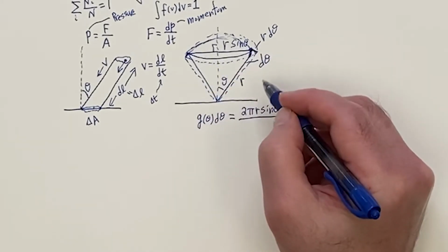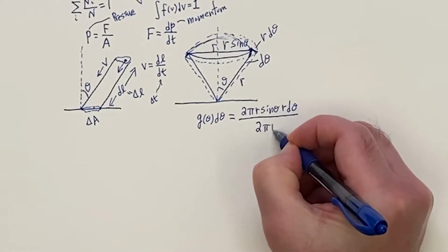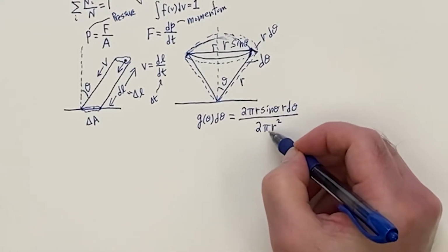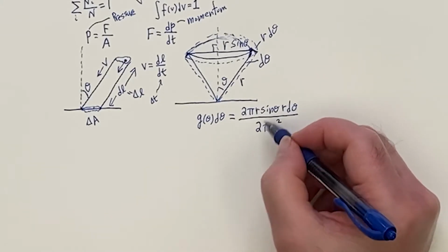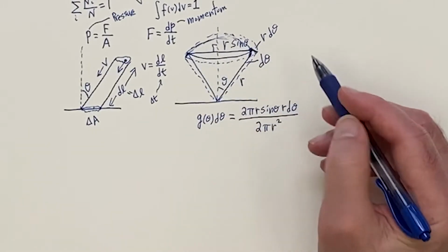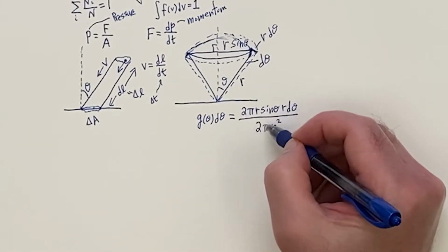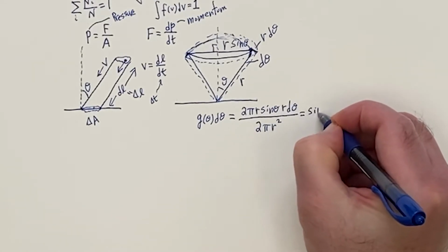If we have the whole dome there, all the angles, that would be 2 pi r squared. This is half of the surface area of a sphere, because this is a half dome. So then the 2 cancels, the pi cancels, the r squares cancel, and you get this cool formula, sine of theta d theta.